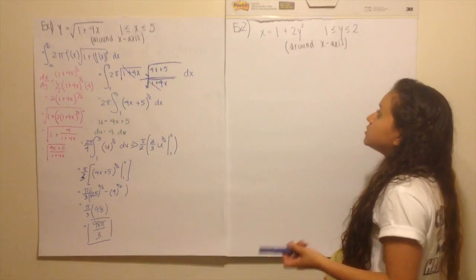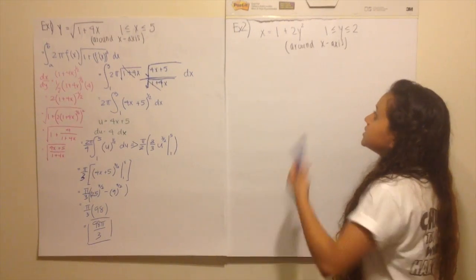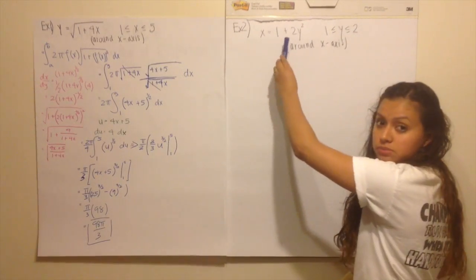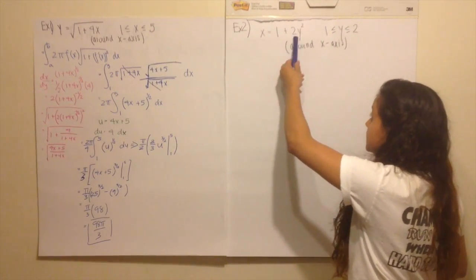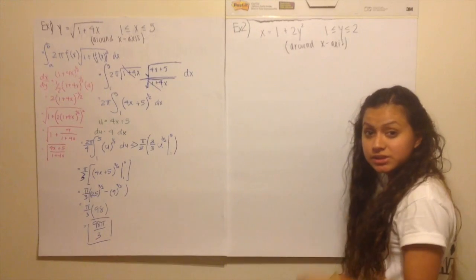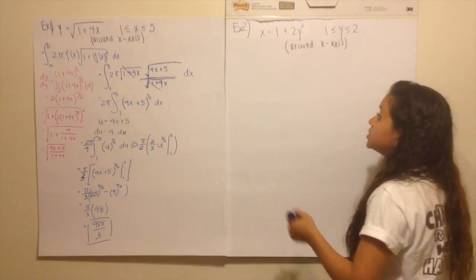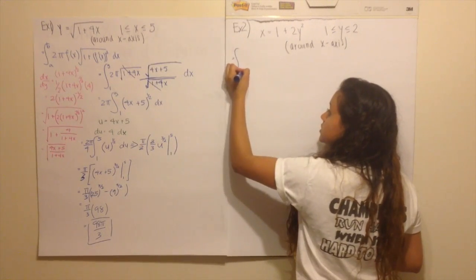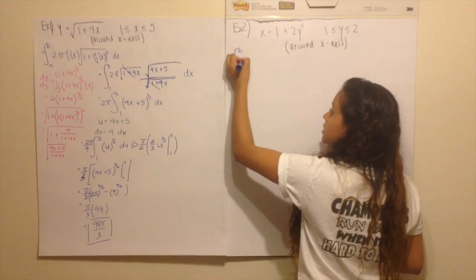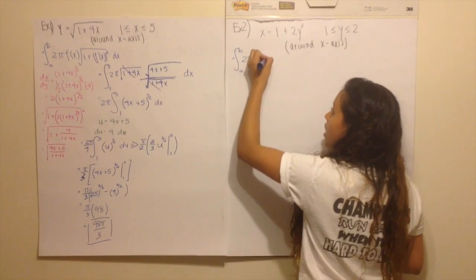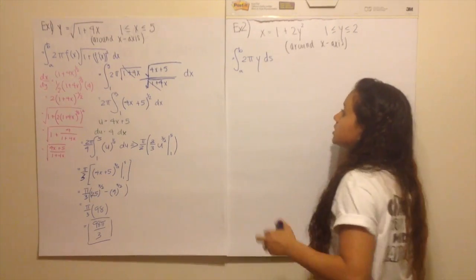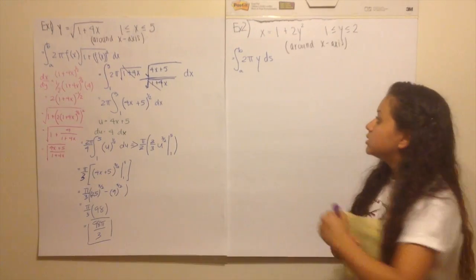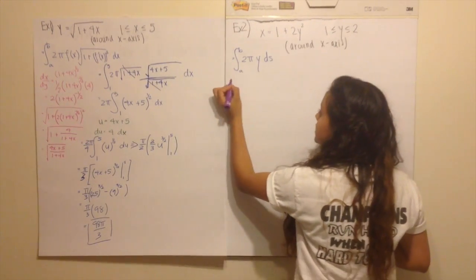Originally you would put this into terms of x, but instead of that extra step, you just use the alternative formula, which is the integral from a to b of 2 pi y ds. So having that said, let's start solving for our arc length.